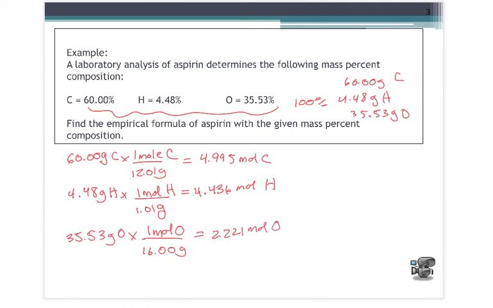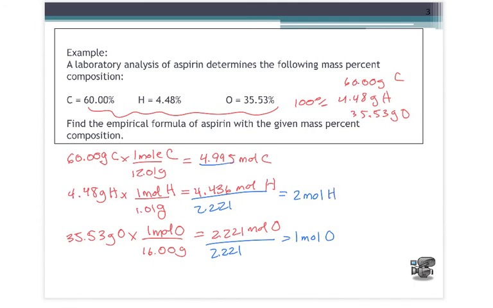Now, we don't want to keep this ratio because this does not look pretty. We want the simplest whole number ratio of carbon to hydrogen to oxygen. So we divide by our smallest number, which is 2.221. So this gives us 1 mole of oxygen. Here we have 1.997, which is close to 2 moles of hydrogen.